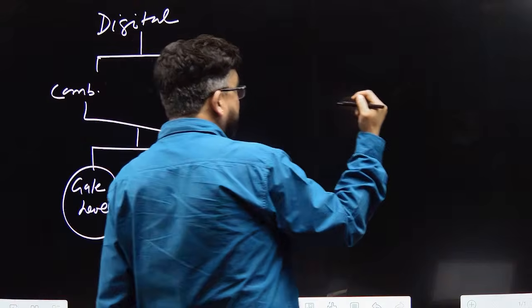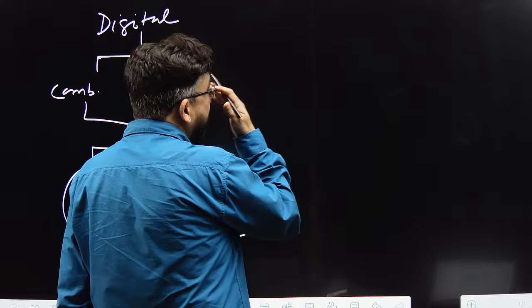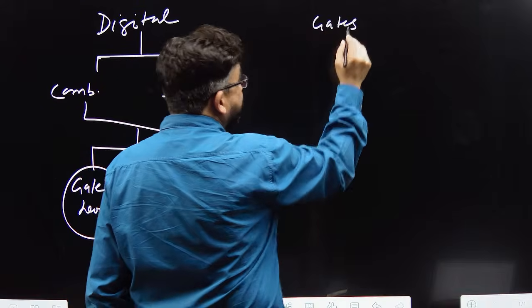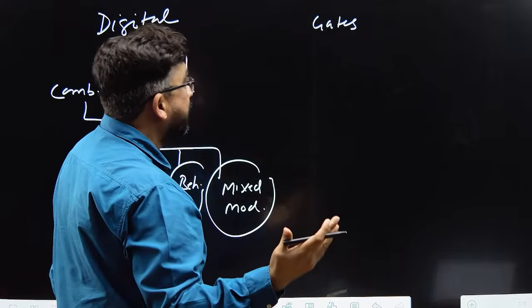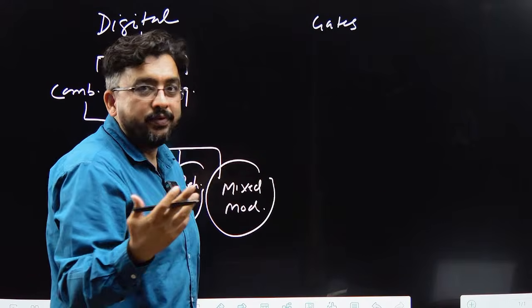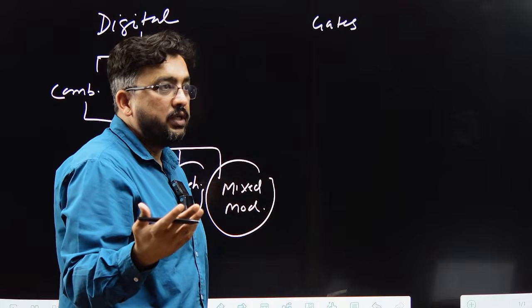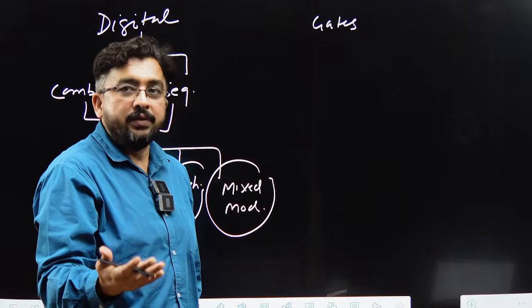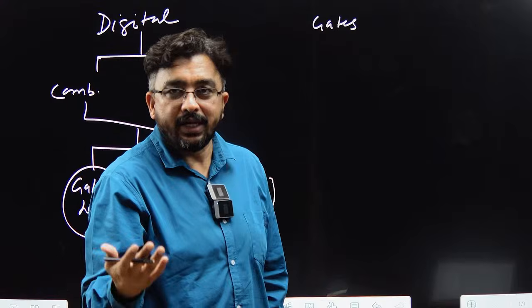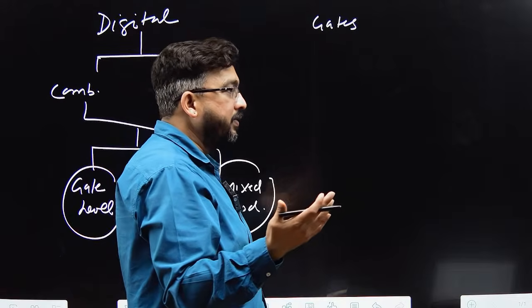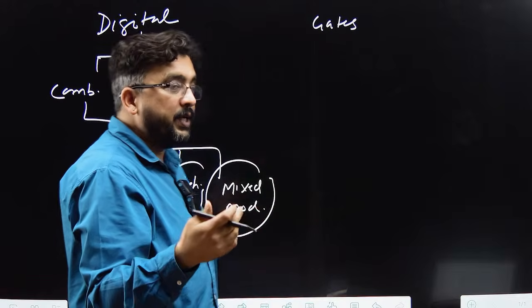So in my last 12 to 13 classes, I have started talking about gates. We have solved some questions on gates, like designing of gates using NAND, then designing of other gates using NAND and NOR, which act as universal gates. And then we have taken the adder.